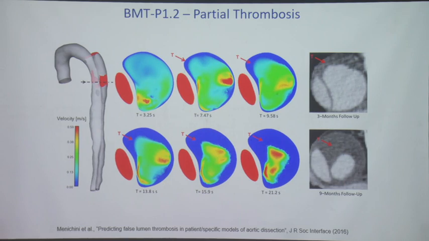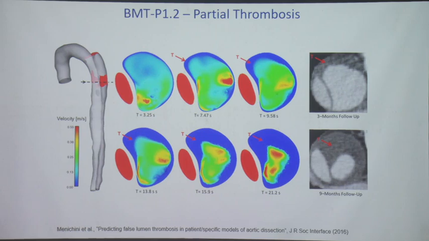Now, we move on to another patient, and in this patient they found partial thrombosis in the false lumen. As we said earlier, there's medical evidence showing that partial thrombosis correlates strongly with further complications, so it's undesirable. So we wanted to understand in this case whether we can actually predict partial thrombosis or not.